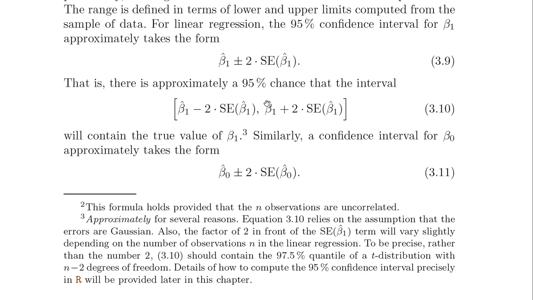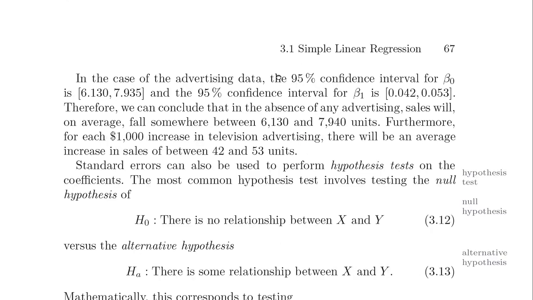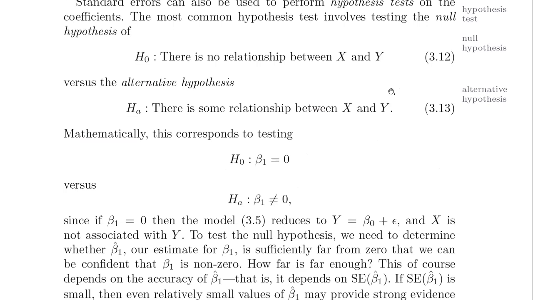But with these estimates, the standard error of beta 1 hat and the standard error of beta naught hat, you get an idea of the error within beta 1 hat and beta naught hat, which is very important for this hypothesis testing.